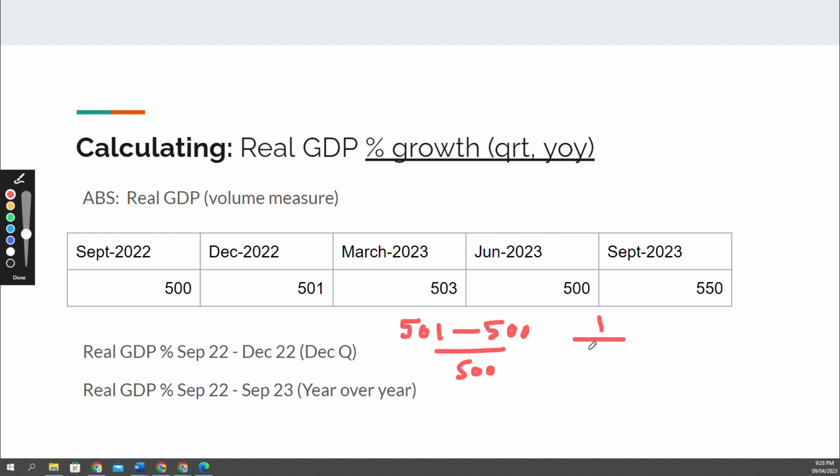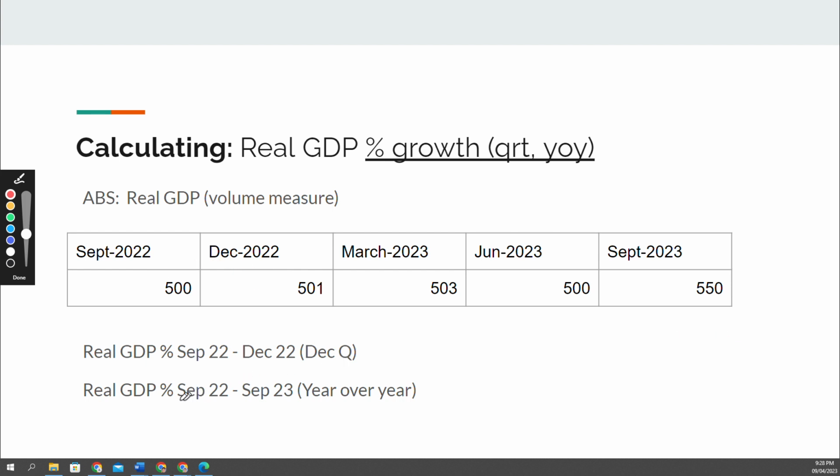I can simplify this to 1 over 500. You would just plug that straight into your calculator, times it by 100, and you would get 0.2%. That is the rate of growth between here and here, the December quarter. Okay, that's the quarterly growth rate.